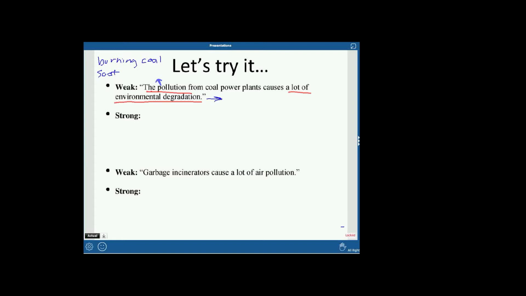I'll call these 1 and 2. So if you're doing the burning coal, you could talk about how it releases CO2 or greenhouse gases, which can cause global warming.